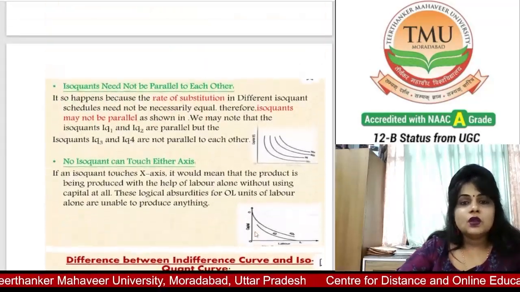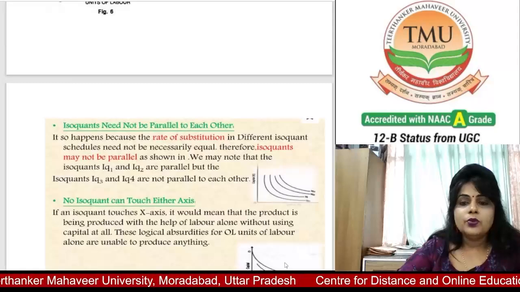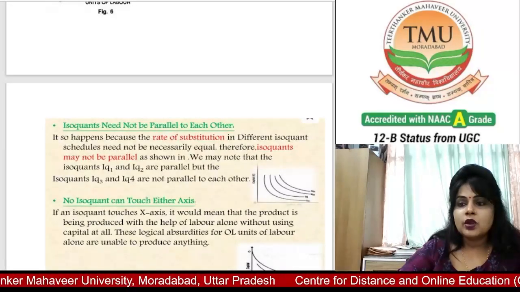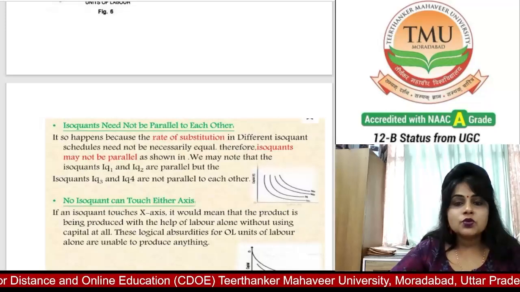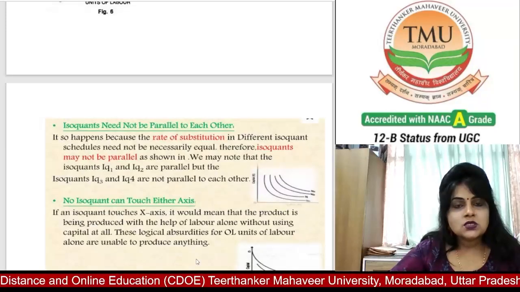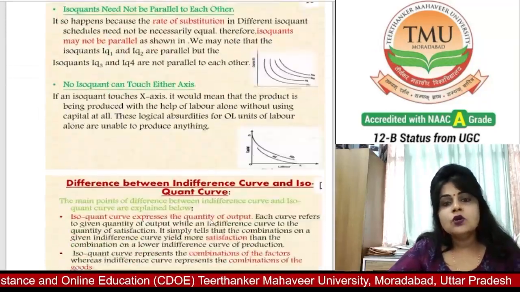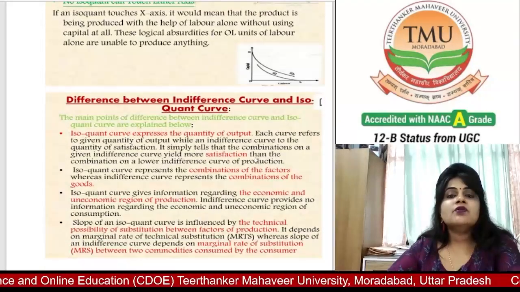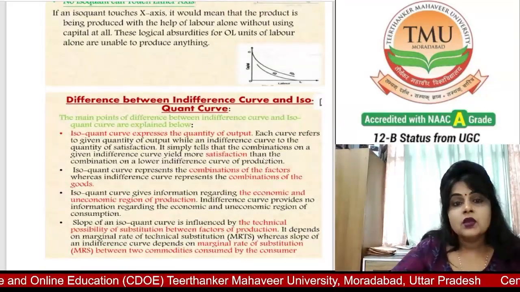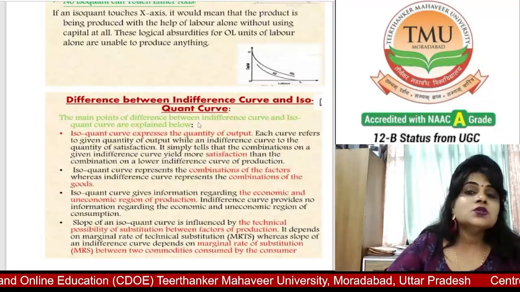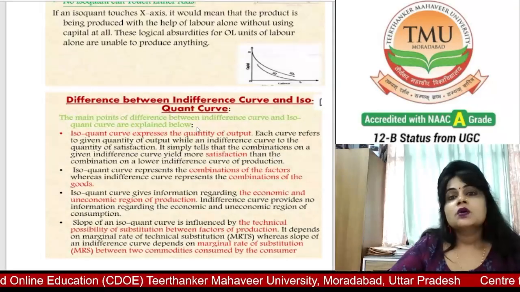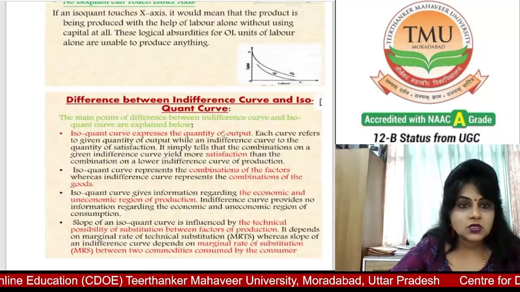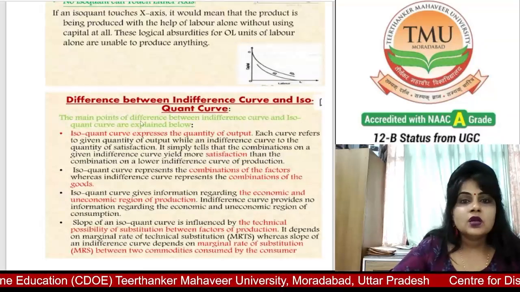Now I hope you have understood the properties of the isoquant. Now we discuss the difference between indifference curve and isoquant, because the indifference curve is used for the consumers and the isoquant curve is used for the producer.